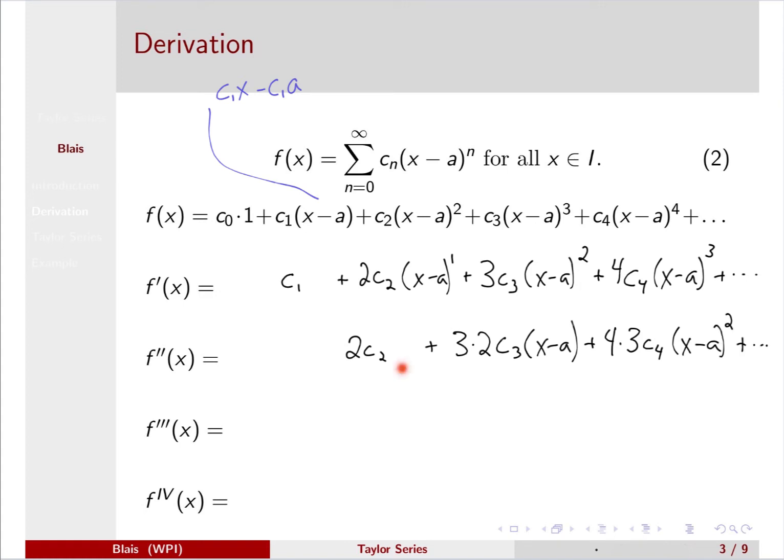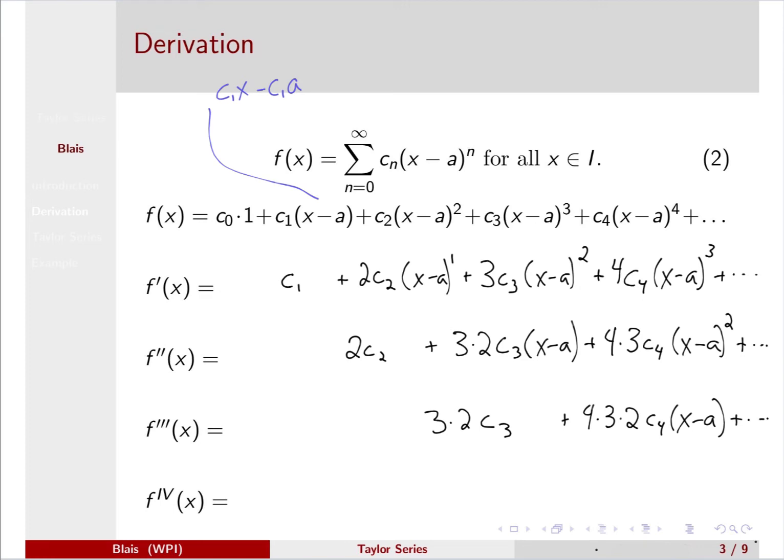We do it again. Differentiate f double prime to get f triple prime. The derivative of that first term is 0. The derivative of the second term will just be this constant, 3 times 2 times c3. For this term, we have power rule again, so the 2 comes out front, and we get 4 times 3 times 2 c4 times (x minus a).